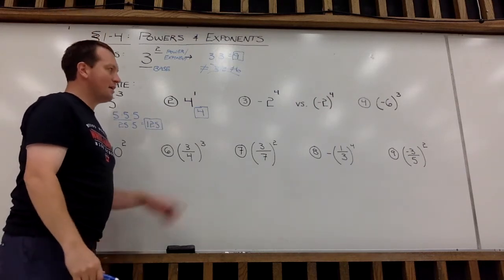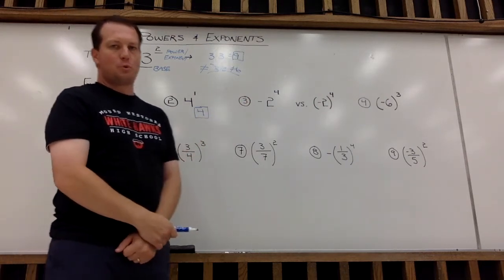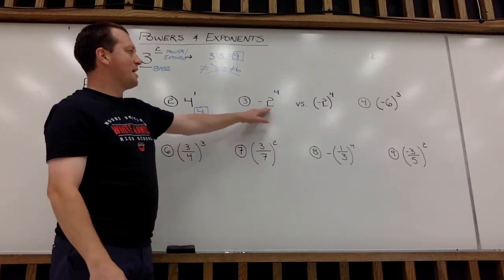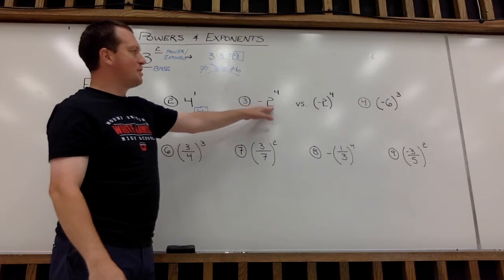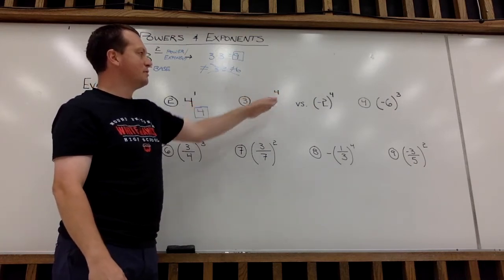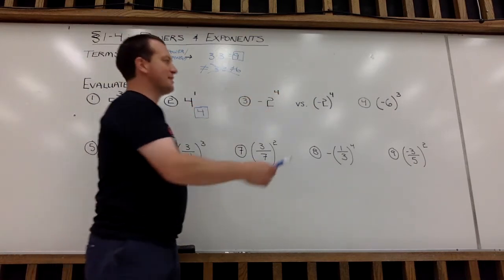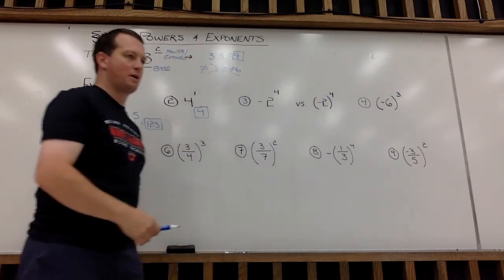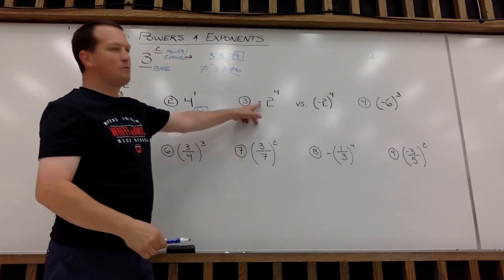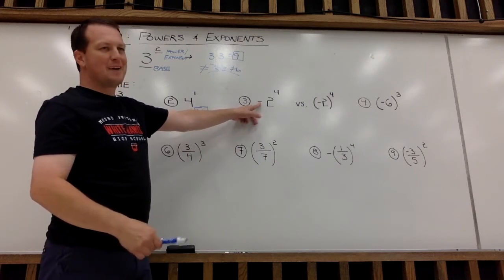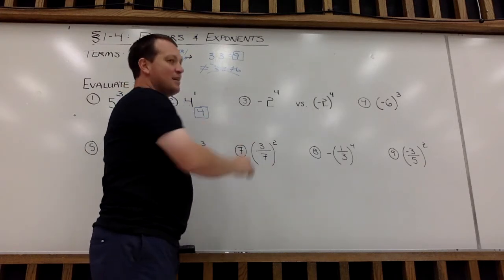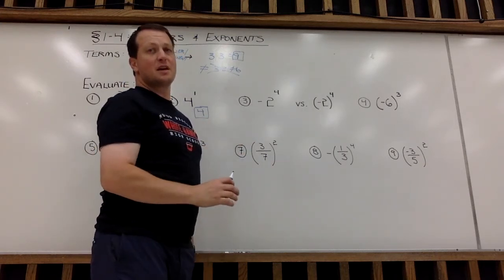Easy as that. Example 3, this is probably the most important example of the notes today. I have a minus sign in front of 2 to the fourth power, versus I'm comparing that to a minus 2 in parentheses to the fourth power. So in this case, I'm going to think of this minus sign, since it's not locked in parentheses here, as a famous F word. It's a floater.